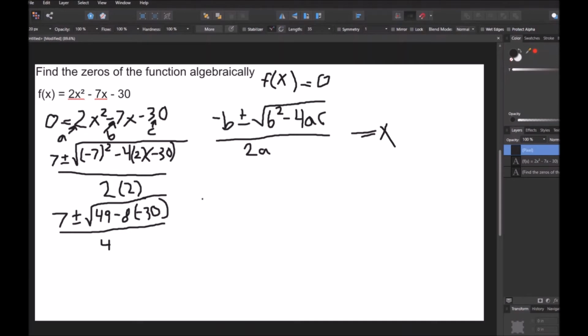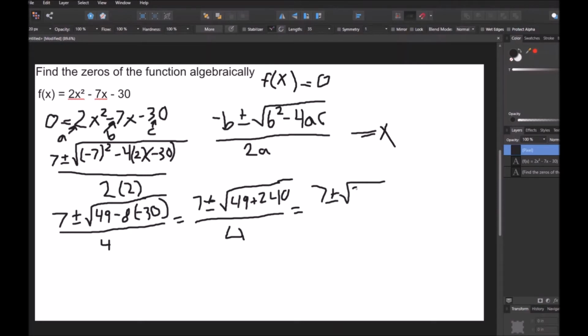And then if we evaluate the multiplication, that's going to be 7 plus or minus the square root of 49 plus 240, over 4, which is 7 plus or minus the square root of 289 over 4.